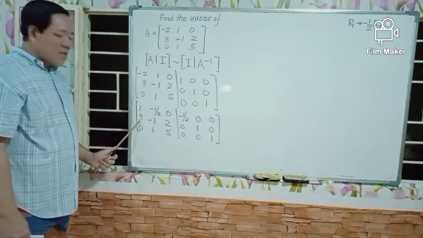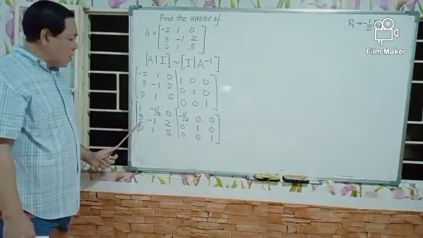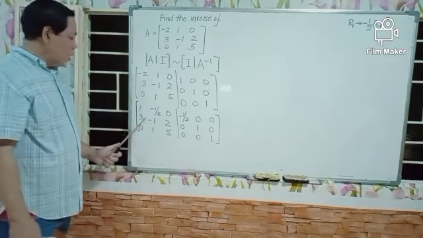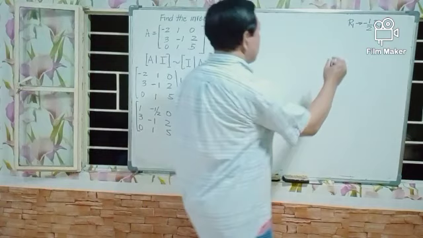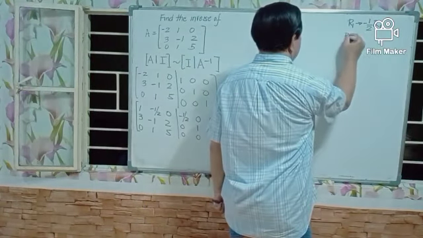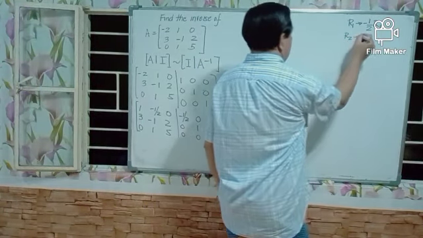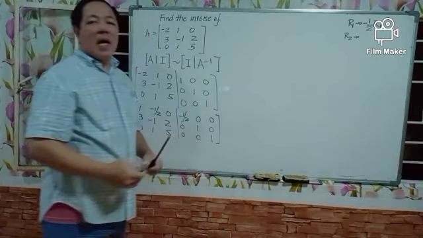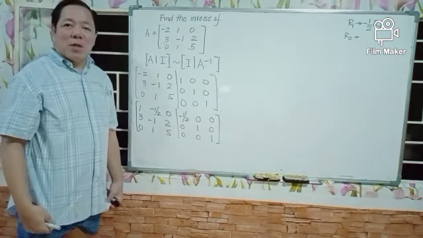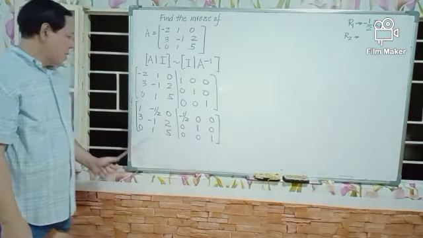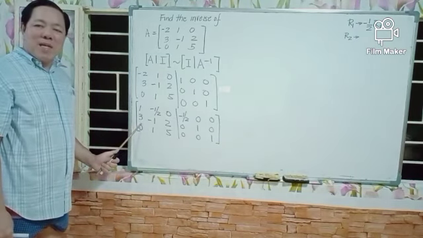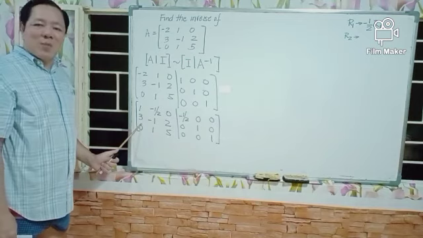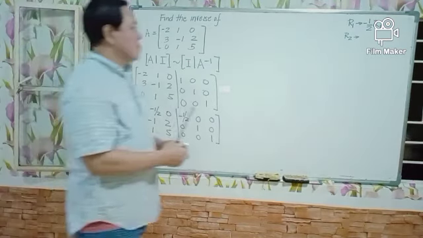And if we change 3 to 0, we have to change all the entries of row 2, because 3 belongs to row 2. And when changing an entry to 0, we always take its negative. The number to be changed to 0 is positive 3, take its negative, you get negative 3.